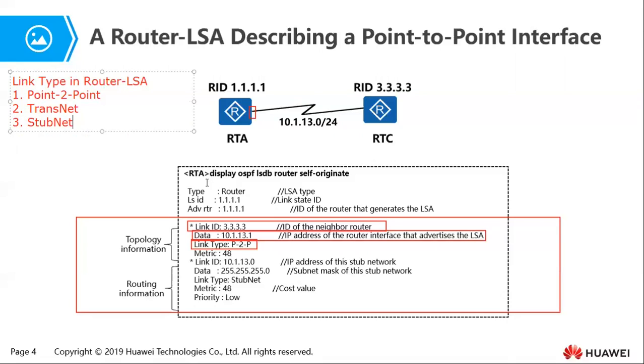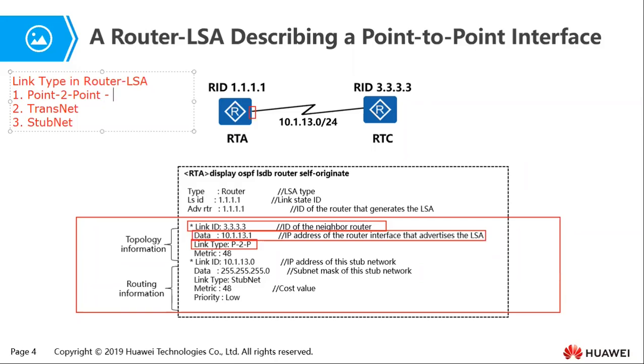Simply put, point-to-point means that particular link has only been connected to one other router. That is what we call a point-to-point link.